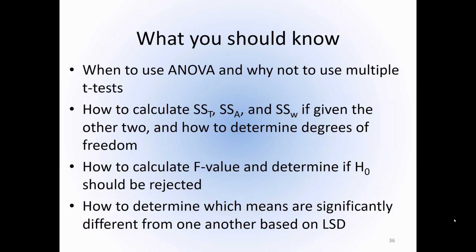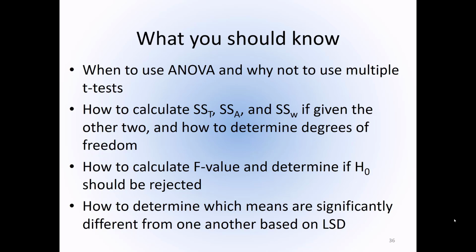So we're at the end of the road for ANOVA, and we're going to move forward after this lecture. But some important things that you should know is when you should be using ANOVA and why we're not using multiple t-tests: extra calculations, and increased likelihood of rejecting the null hypothesis when it's true, type 1 error.